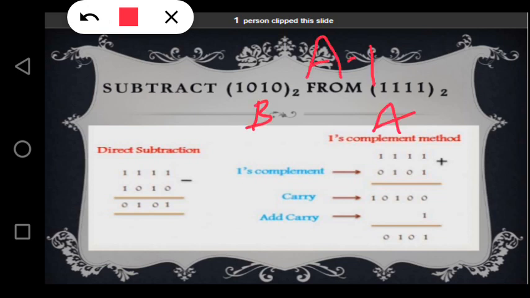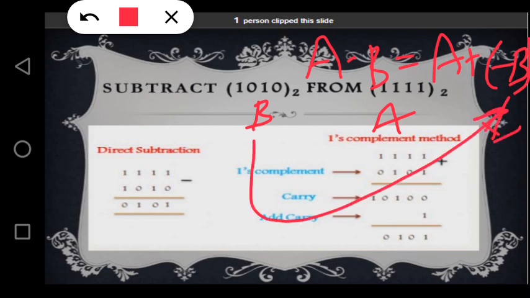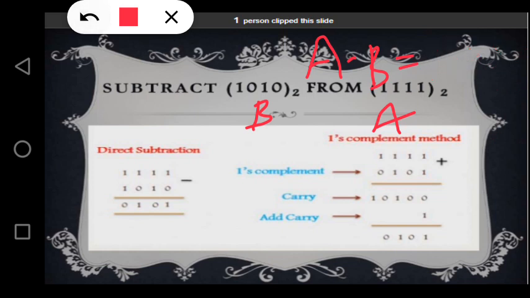The goal is to convert a minus b into a plus of minus b. So minus b means the 1's complement of b. And this is another important thing you should remember: the complement of b is nothing but minus b. So a plus of minus b.